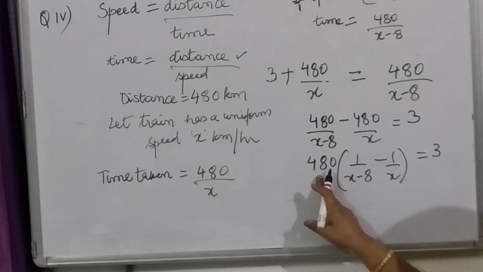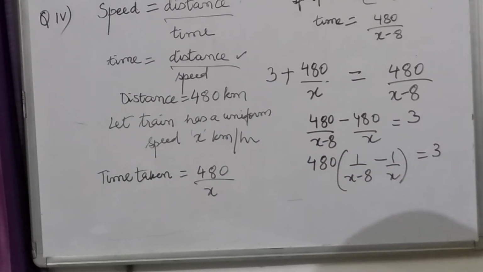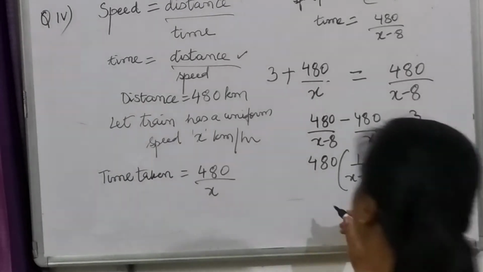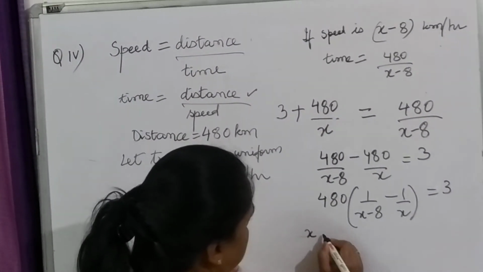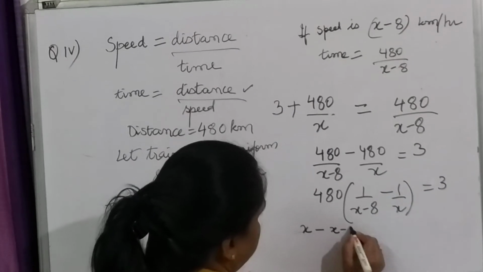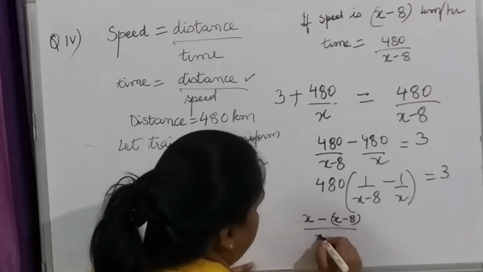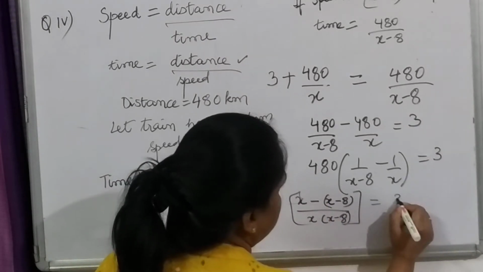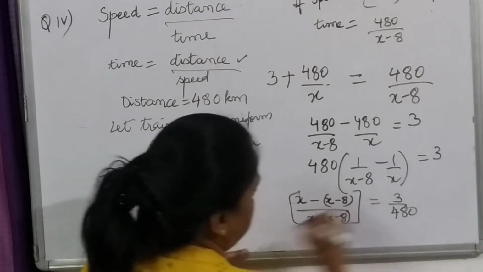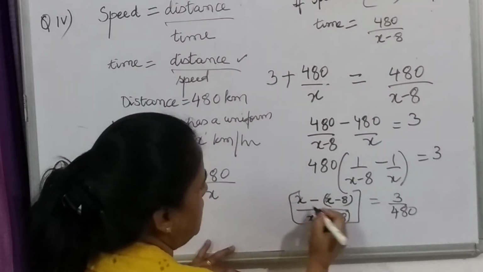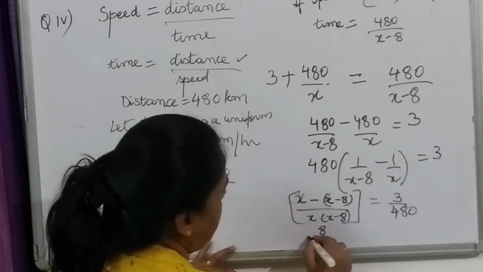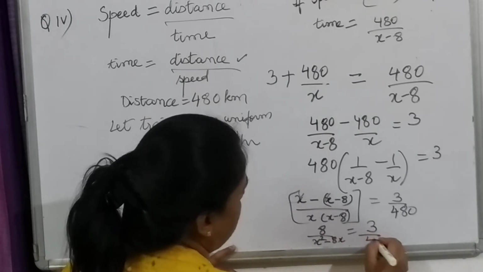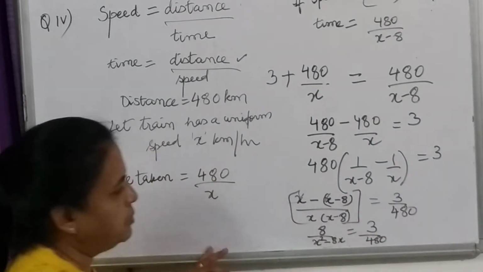Now because 480 is common, you solve the bracket first, and you can take this 480 to the denominator on the other side. So I'm going to get x minus 8 upon x into x minus 8 is equal to 3 upon 480. Now solve it. This x will cancel with this. I'm going to get 8 upon x square minus 8x is equal to 3 upon 480.